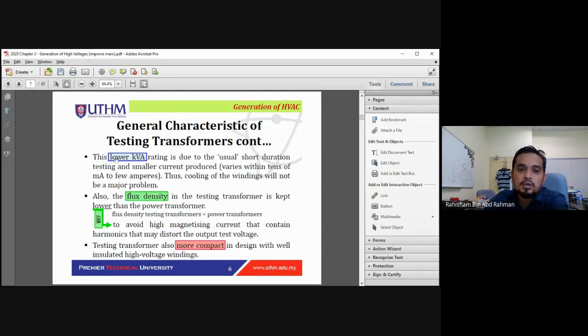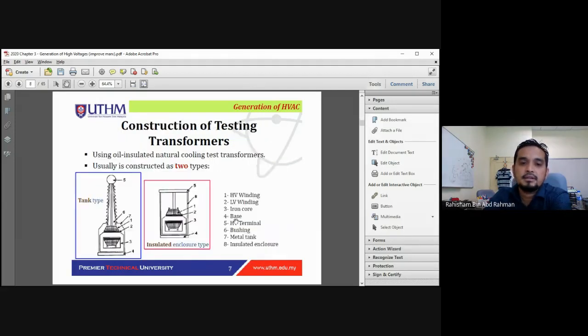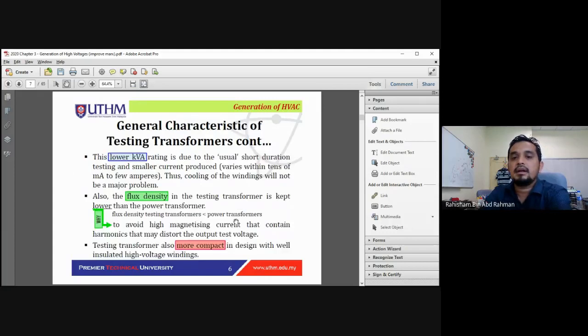For example, a lower kVA rating: the testing transformer is much smaller compared to the power transformer with the same power rating, flux density, and then we have the compact design. You should be able to identify the differences, the advantages and disadvantages of power transformers and testing transformers.